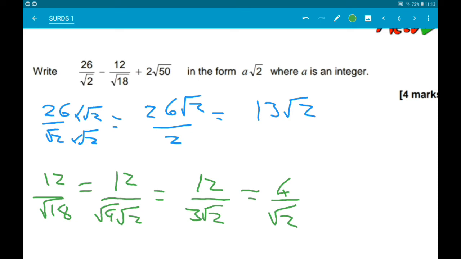Now rationalise the denominator. We're going to get 4 root 2 over 2, which finally is 2 root 2.